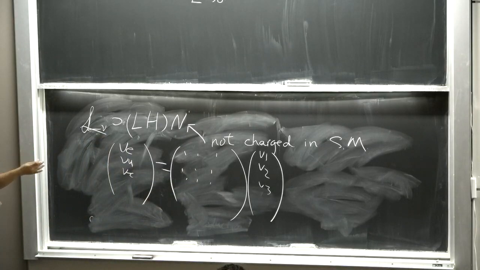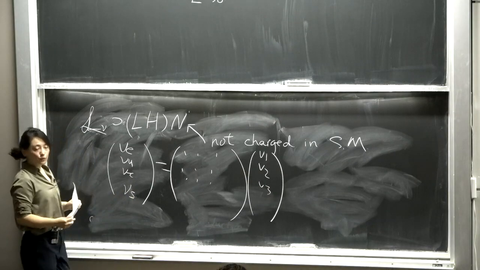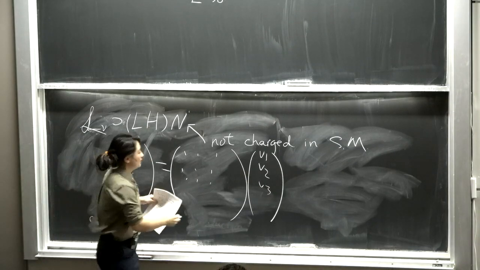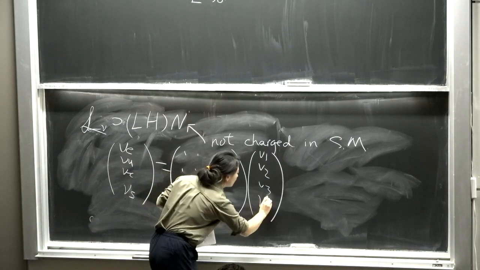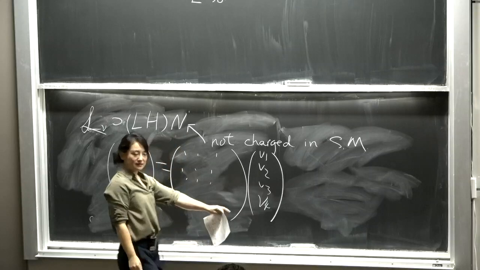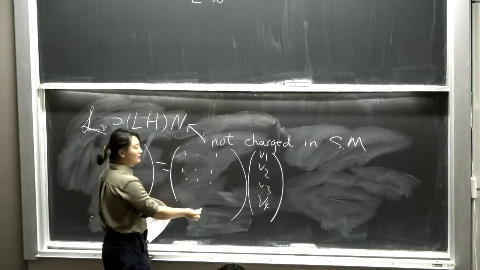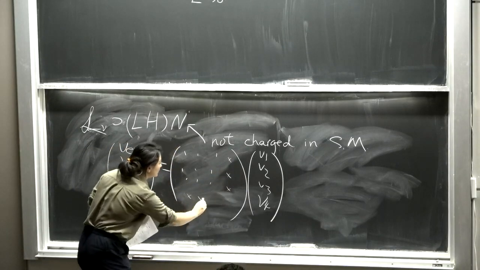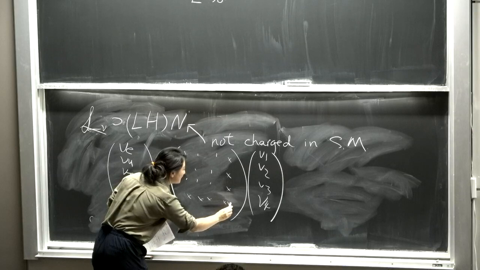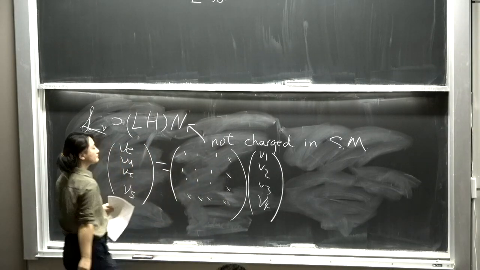So the simplest way to fit this is to have a fourth state. I'm going to call the flavor state sterile, and there is a fourth mass eigenstate, which means I now have an additional row and column in this matrix. So now it's a 4x4 mixing.